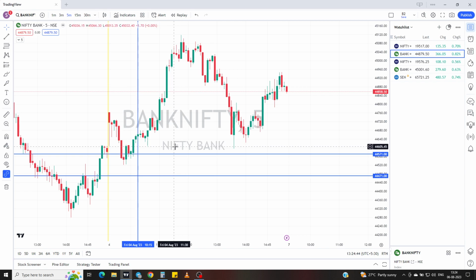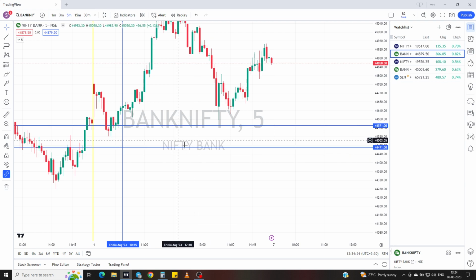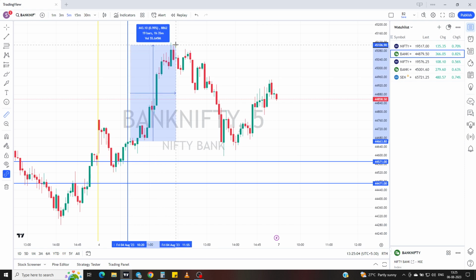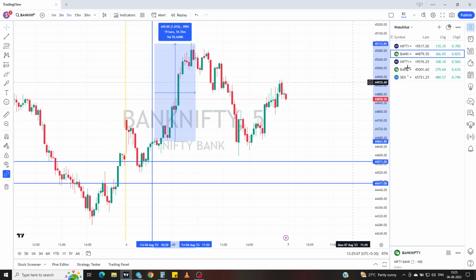Once the candle comes here and closes below this horizontal line, you are going to close your positions, and you can wait for a reversal trade. Once again, if the market closes below this horizontal line, then you can take a reversal trade from here. In this case, the first entry was successful, and we were able to capture around 450 plus points.